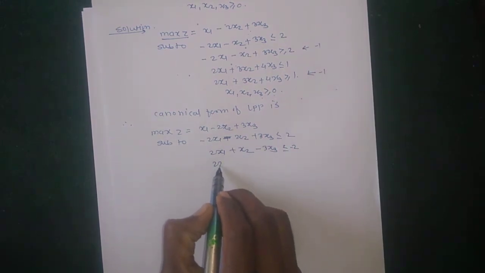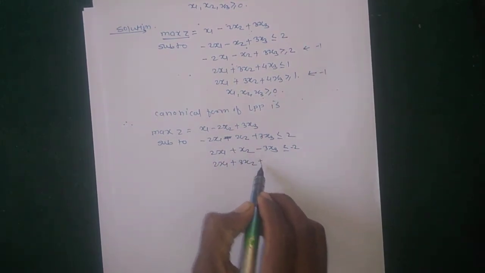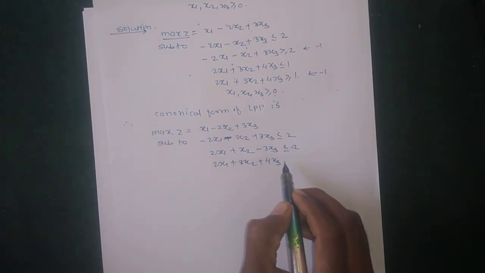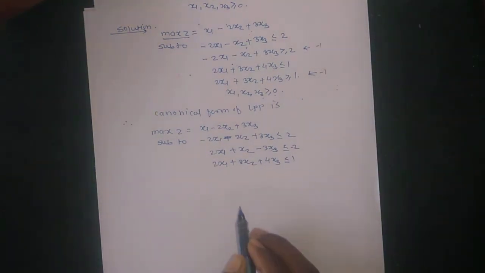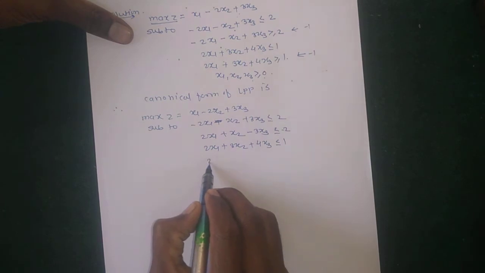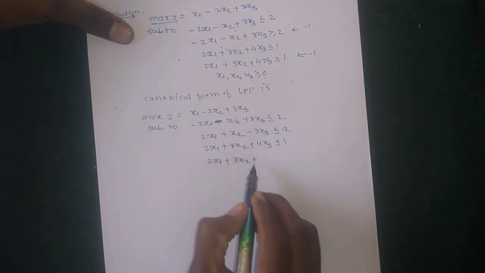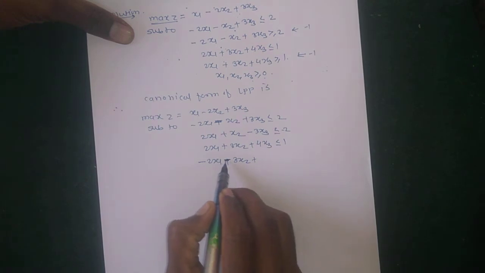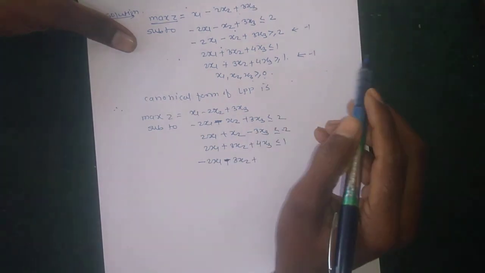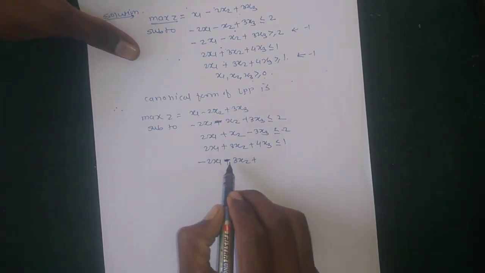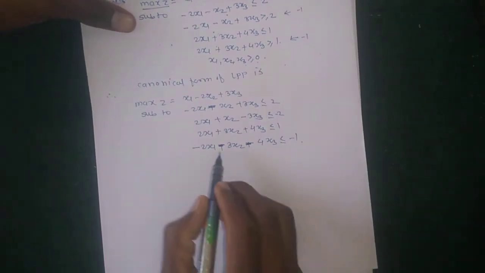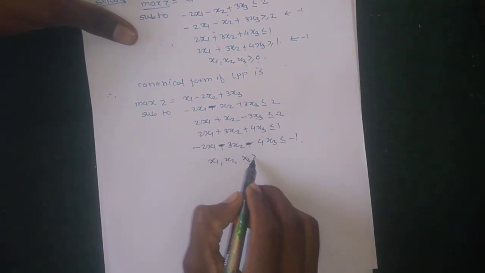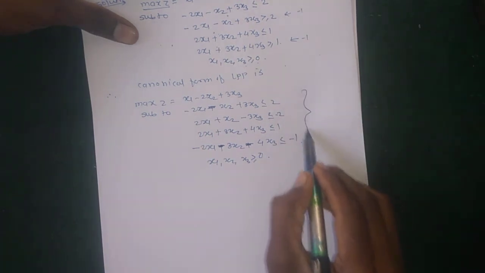Then the third constraint is written as it is, 2x1 plus 3x2 plus 4x3 less than or equal to 1, and then the fourth constraint is 2x1 plus 3x2 plus 4x3, multiplied by minus 1 to convert to less than or equal: minus 2x1 minus 3x2 minus 4x3 is less than or equal to minus 1, and x1, x2, x3 are greater than or equal to 0. So this is the canonical form. Okay, this is our primal problem.